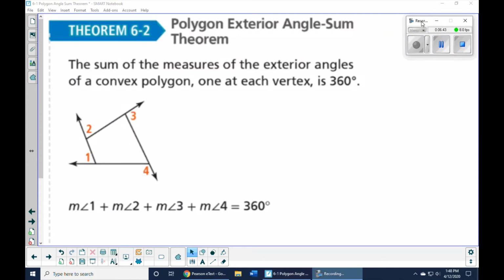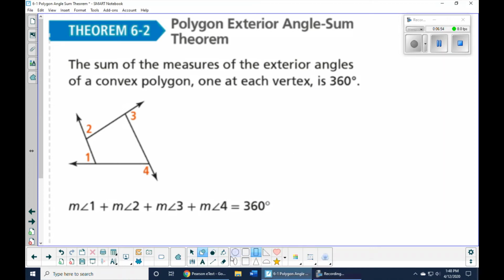Now, those are all the angles on the inside of a shape. Now we're going to talk about all the exterior angles, okay? Exterior angles, angles that are on the outside. Here's the good news for you. Whenever you're talking about an exterior angle, no matter what shape it is, I don't care if it's got 1,000 sides, it's going to add up to 360 degrees no matter what.